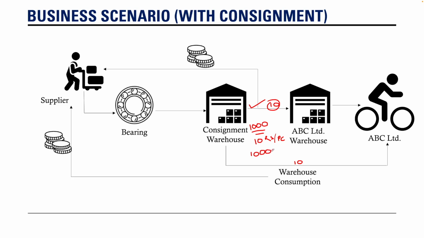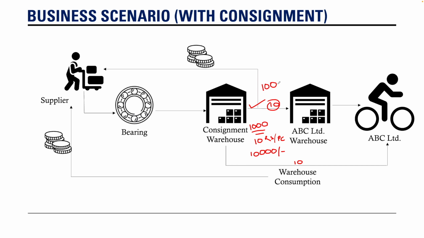You are not liable to pay to the vendor this 10,000 rupees. You will be paying to the vendor only the amount equivalent to the 10 quantity that you have issued to the warehouse from the consignment warehouse. That is, you will be liable to pay to the vendor only 100 rupees. And this process will be called consignment settlement.